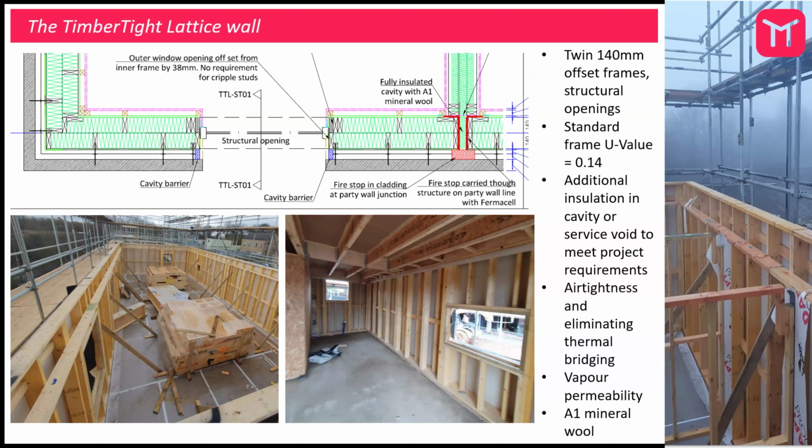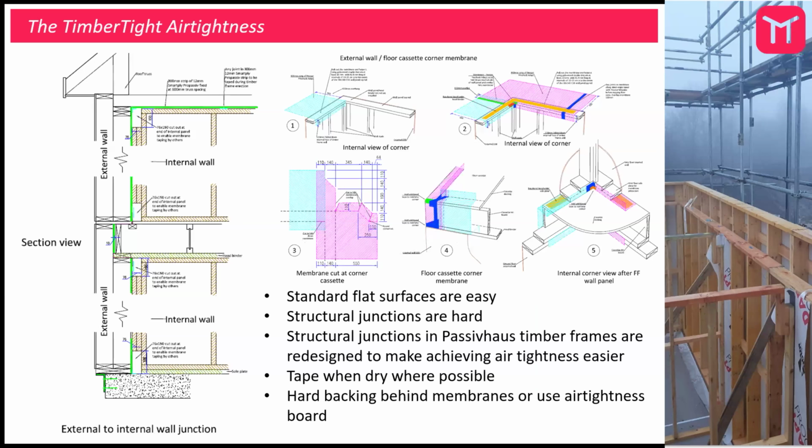We're also insulating these frames with a non-combustible mineral wool. This is the system that was used in the Drighlington project, which I'm sure a few of you may be aware of. And we're still in development with this project, and we've learned an awful lot on that job. But we're finished on that site now, but the site continues. I think they've got an open day or two coming up soon.